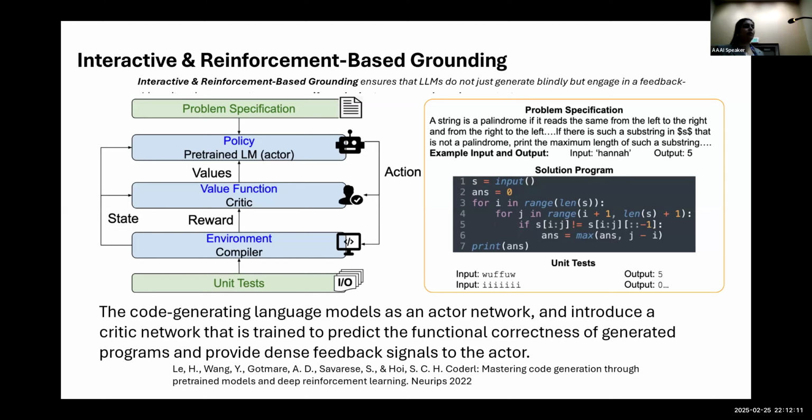If you go back to 2022 when LLMs like ChatGPT came, it would provide a very naive example that was not true. It was always giving errors. Now this reinforcement-based grounding, which OpenAI enforced, performs well. The current example you can see is the O1 reasoning coding model, which was able to provide a correct palindrome answer.